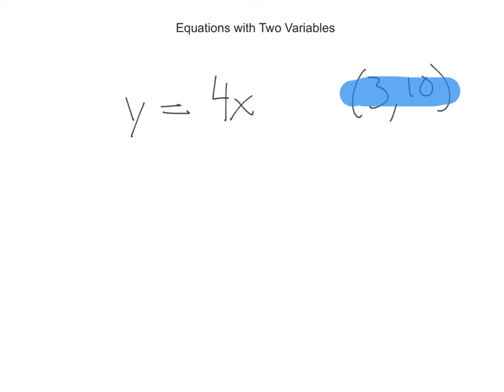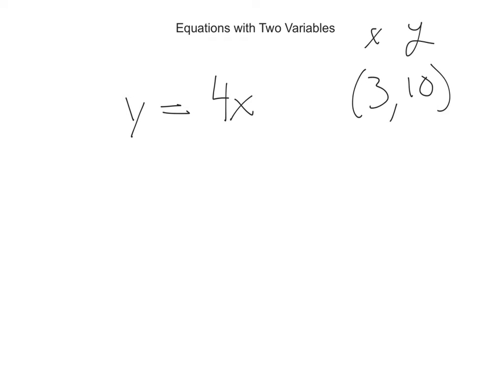Okay, 3 and 10 is an ordered pair that we might graph, 3 on the x-axis, 10 on the y-axis. And also remember that in this case, 3 does represent the x value, and 10 represents the y value.